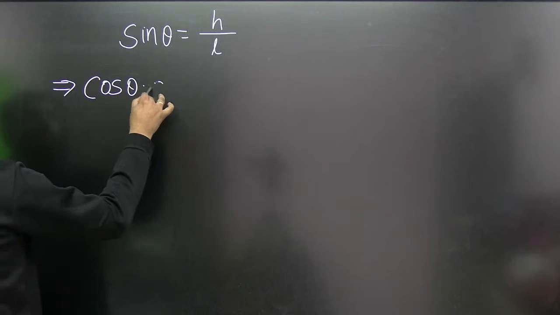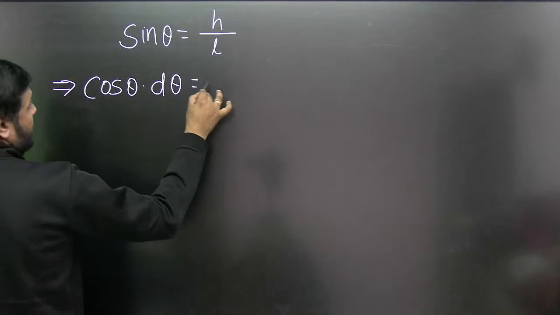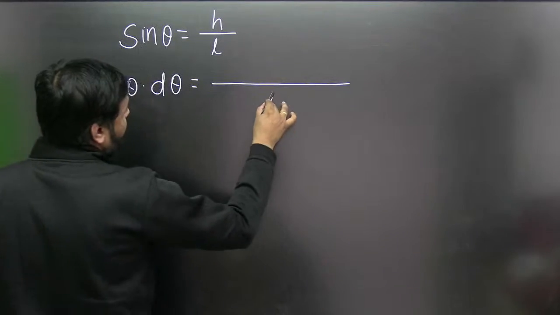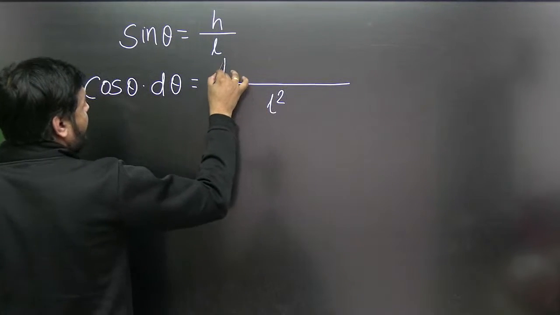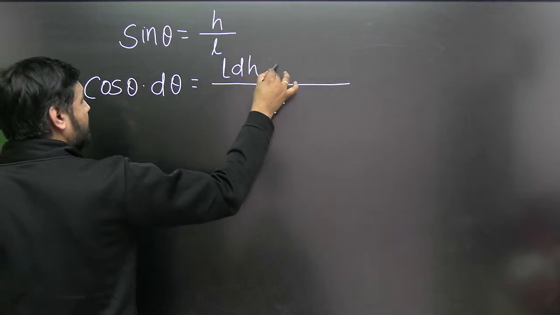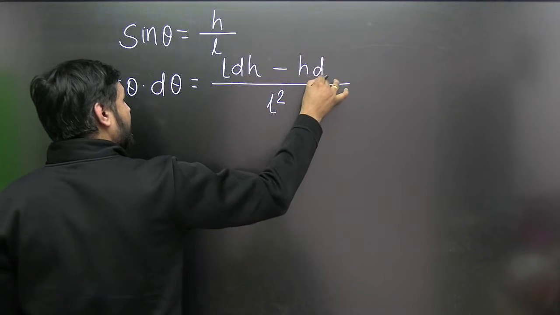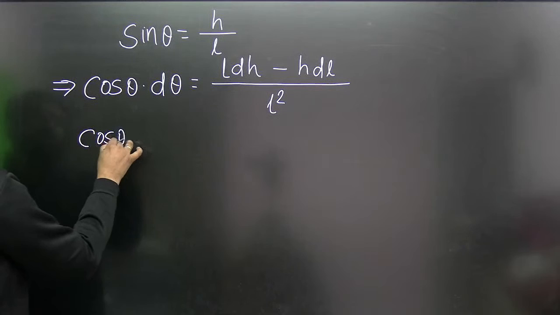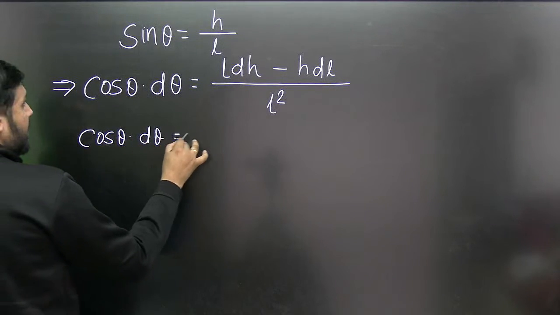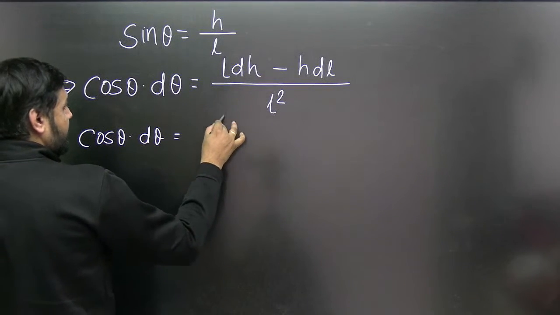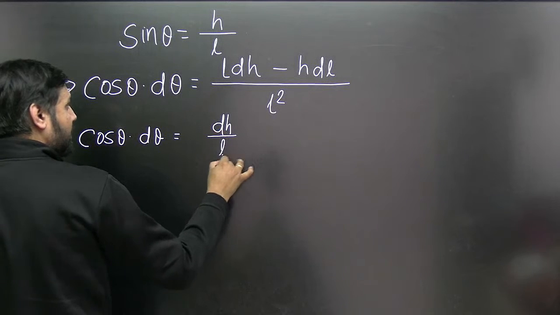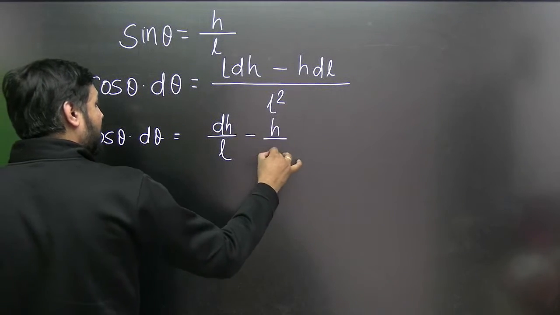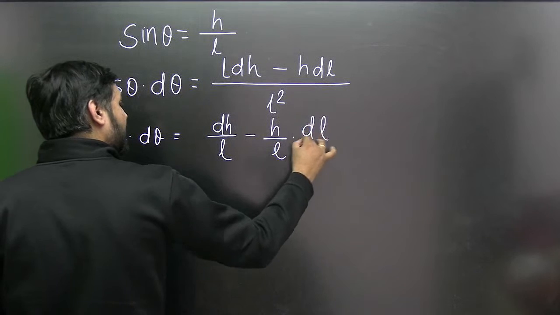If you differentiate it, you'll have cos theta d theta is equal to (L dH minus H dL) upon L square. Or you can simply write it again, cos theta d theta is equal to dH upon L minus h upon L into dL upon L.